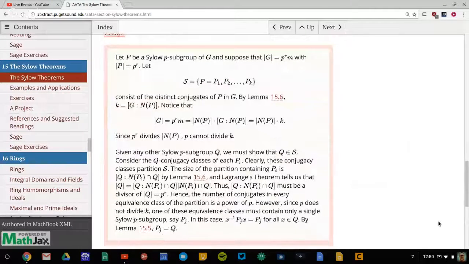In fact, we've already in effect proved that K divides the size of G, because we've got the size of G factorized with K as one of the factors. So the only other part is proving that it's congruent to 1 modulo P itself.